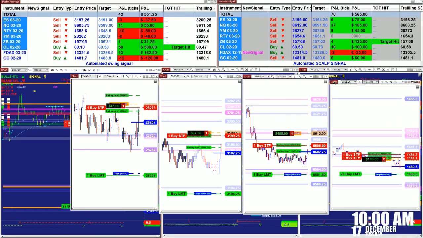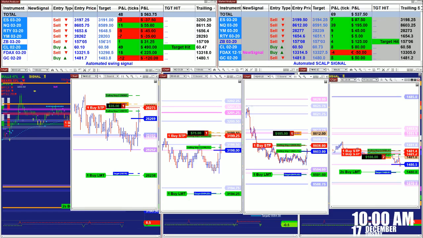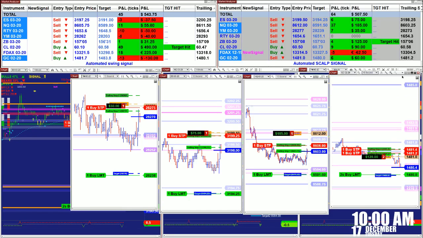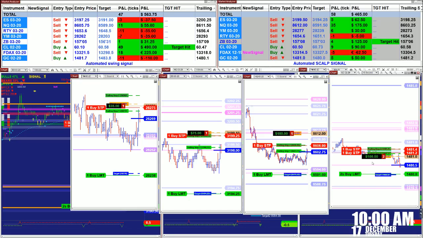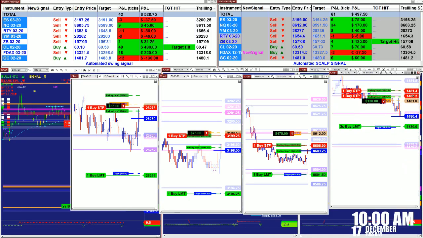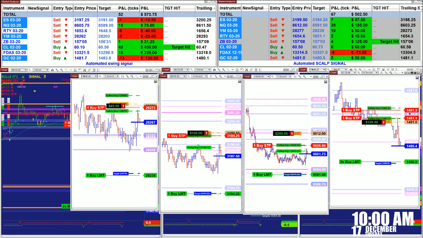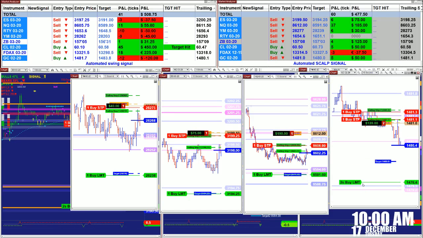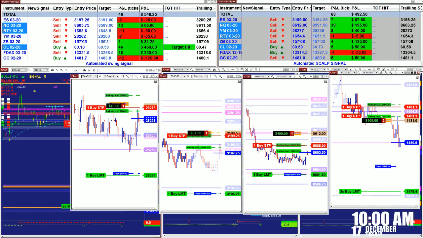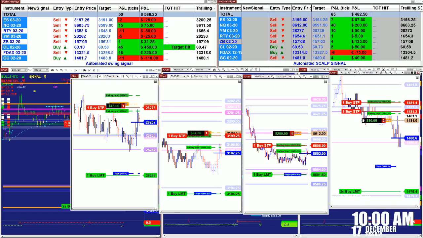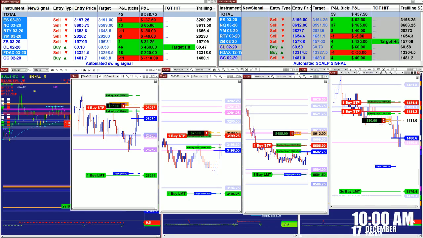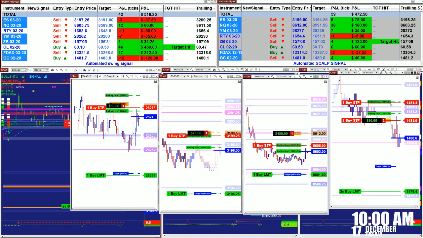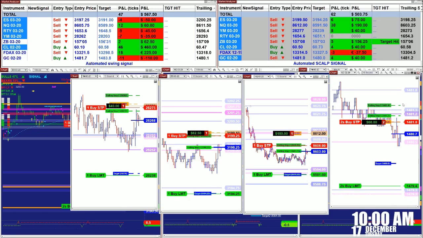And now we go ahead and have the gold replacing the DAX. And as we see here on the gold, we can extend the target if we want to, or we can leave it alone and let the auto trade do everything for us. And if we want to interfere with the trade, we can go to break even, so we will not go negative, and we are done with that trade.